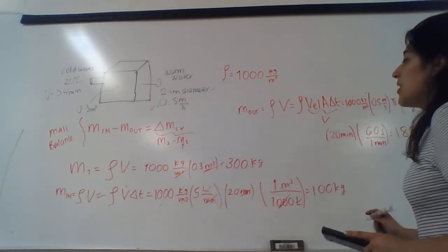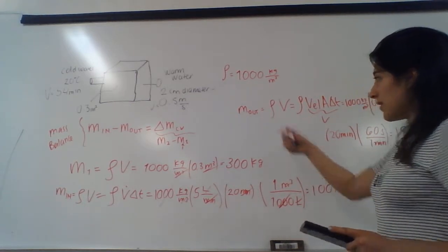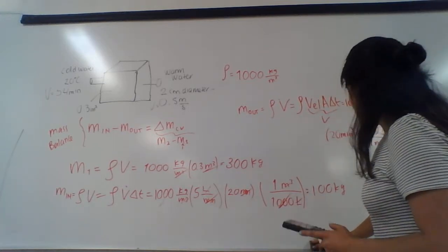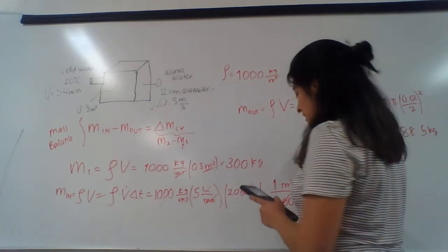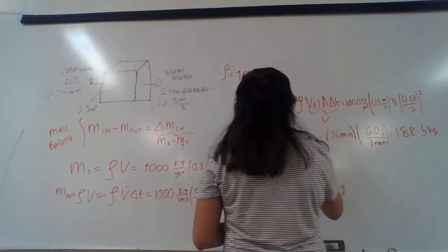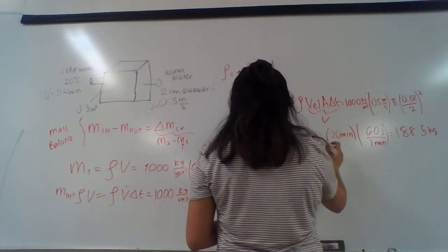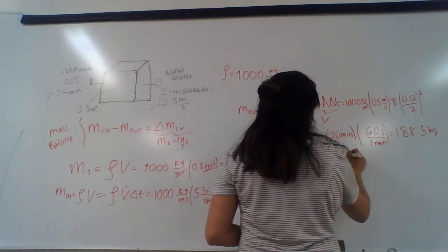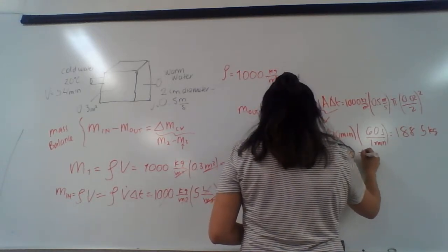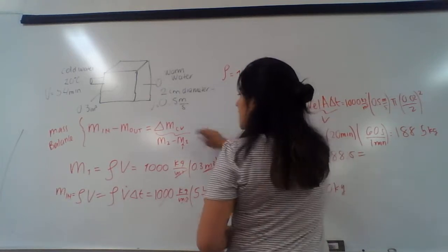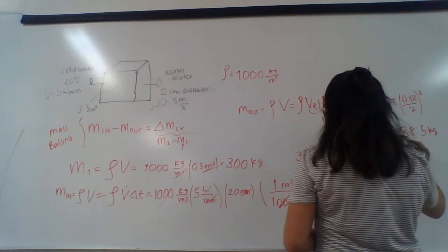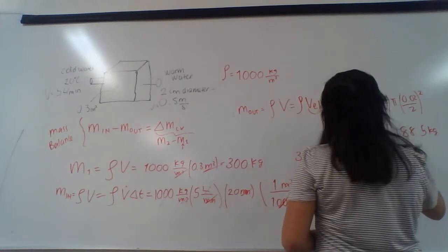So we substitute these values in this equation. We have 300 minus 188.5 equals the mass 2 minus 100.